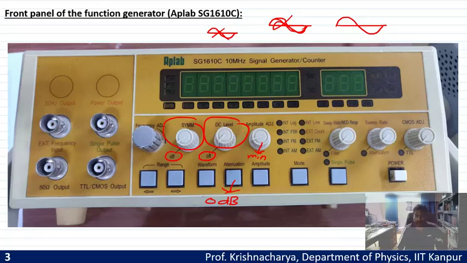Now, in some cases, which actually is not required in any of our experiments, you may want to change the symmetry of the signal. This is for the sine wave, and let's say you also have a square wave or rectangular wave. You want to change the duty cycle. For example, you want to generate a signal where the on time is very small and the off time is very large.